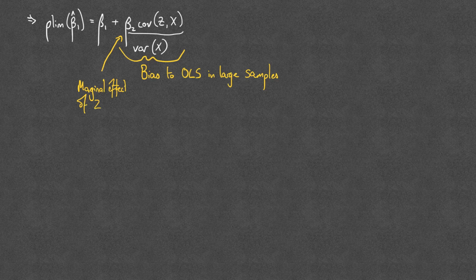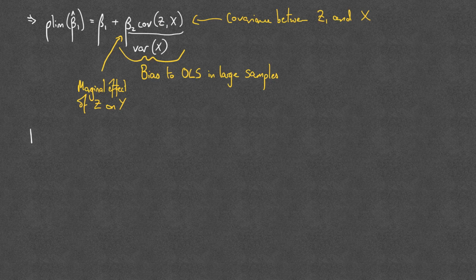Now, if beta 2 was 0, that would mean that z was not a determinant of y and would not appear in the error term. But even if it's correlated with x, if z is not a determinant of y and beta 2 is equal to 0, you're not going to get bias. Similarly, if z is a determinant of y and beta 2 is non-zero, if it's not correlated with x, you're not going to get any bias.